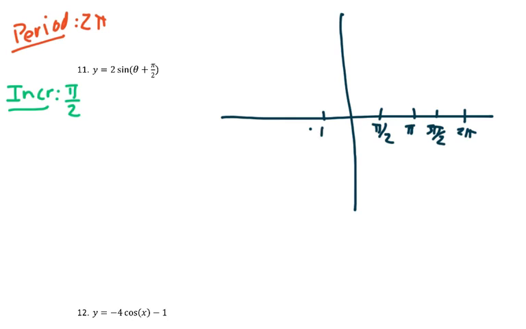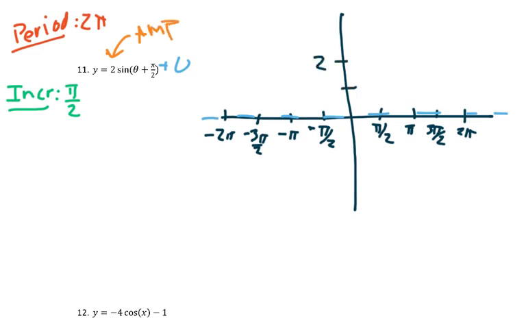Let me do our negative section as well. My midline is at 0, and my amplitude is 2, which means I'm going to go up 2 and down 2 from my midline.